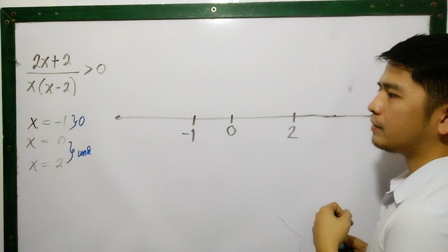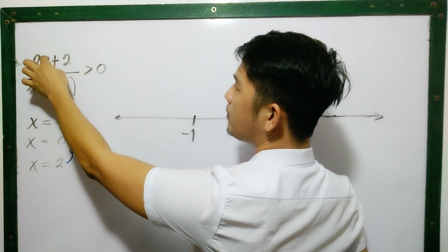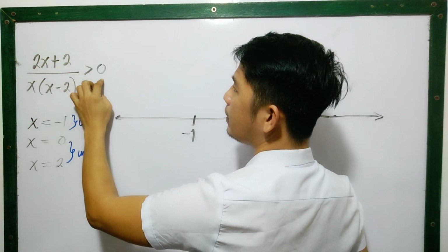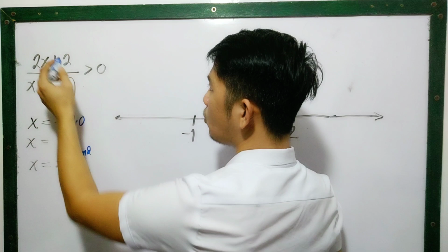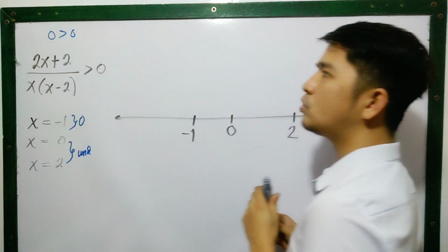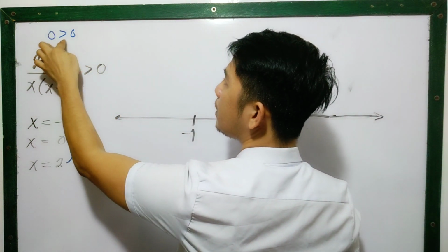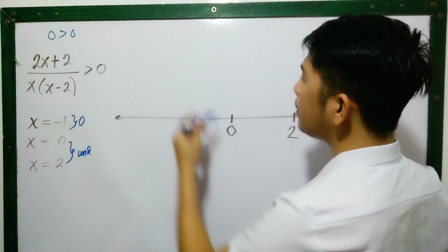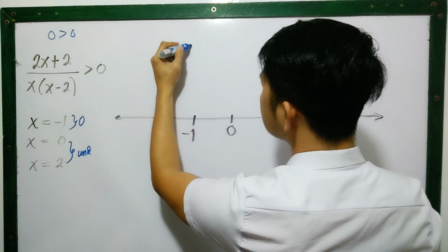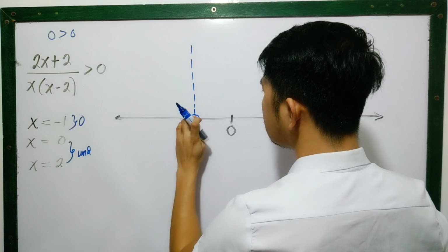So, check natin. When x is negative 1, magiging 0 siya. Is 0 greater than 0? True or false? That is false. Unless meron siyang equal dito. Since wala naman, hindi kasama si negative 1. So, that is a broken line and an open circle.